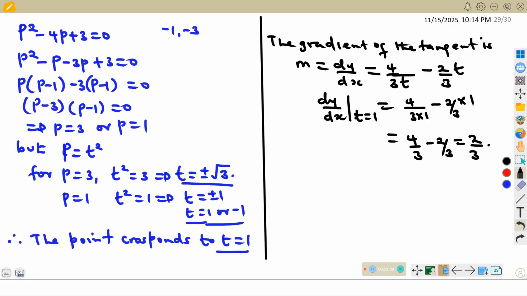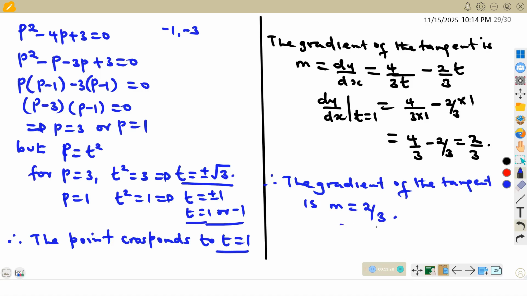Therefore the gradient of the tangent is m, which is 2 over 3. So after getting the gradient of the tangent, we can now obtain the equation of the tangent line, which is passing through the point 2 and 3.